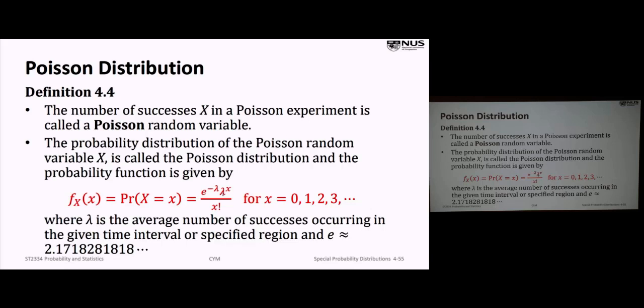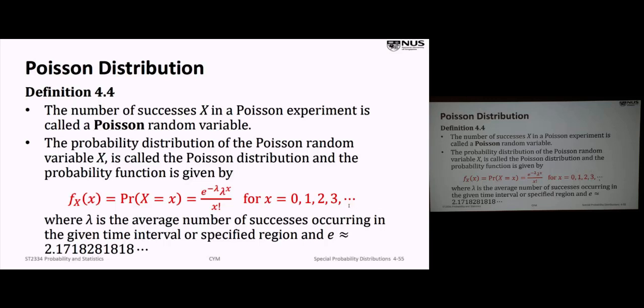Lambda is positive; it could be 0.01, it could be 10 million, but it's a positive number. The probability mass function for this random variable, which corresponds to the number of successes in this Poisson experiment, is e to the minus lambda, lambda to the power x, over x factorial. The support of the random variable is 0, 1, 2, 3, 4, and so on.